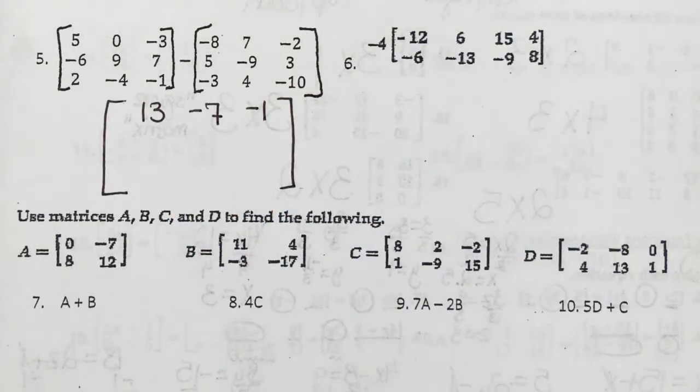Check your first row. Notice how I left enough space between them so it doesn't look like 13 minus 7 minus 1, okay?